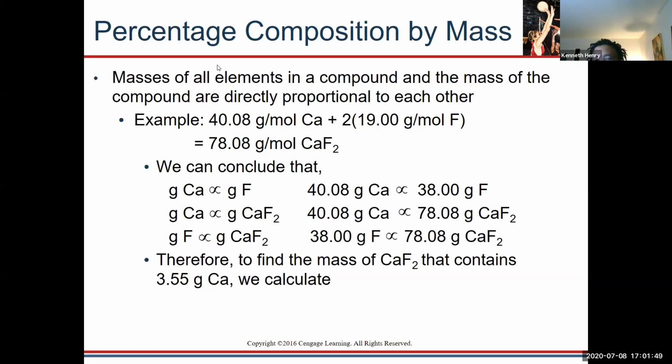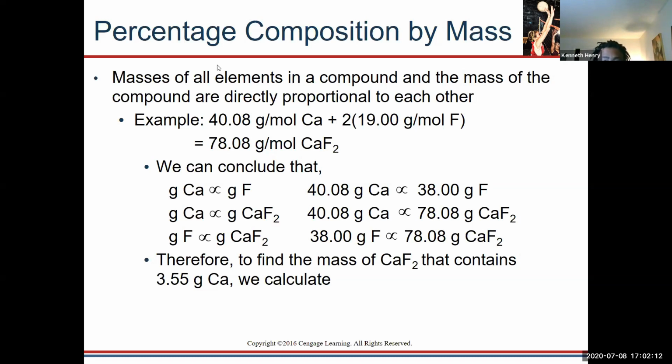So this is another way that we can go about finding out relationships. We can say things are proportional to each other. So we can say that the grams of calcium is proportional to the grams of fluorine, or the grams of calcium is proportional to the grams of calcium fluoride, and so on and so forth.